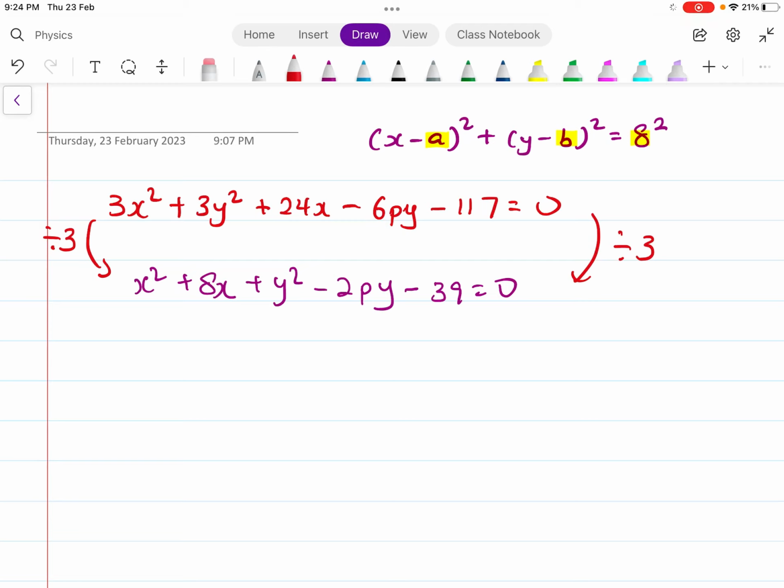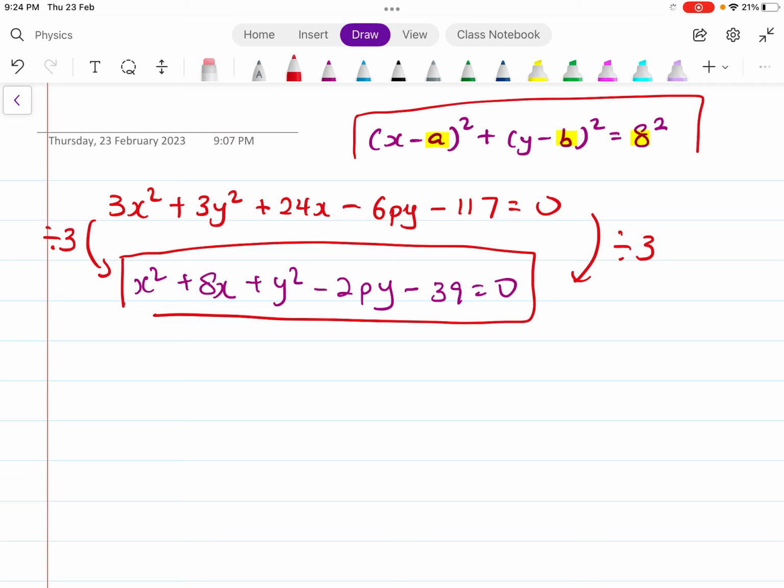After that you get x squared plus 8x plus y squared minus 2py minus 39 equal to 0. Of course I want to make this look something like the standard form. How do I get from this part to this part? There are two ways.